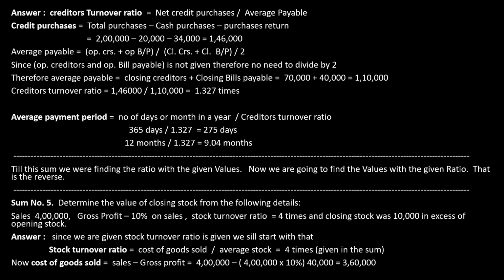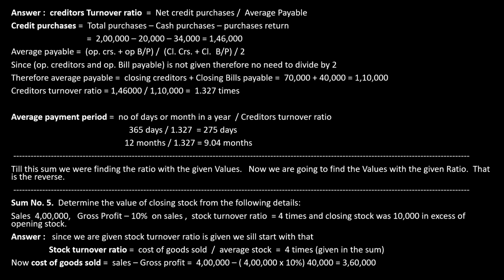No need to divide by 2. Therefore, the average payable will be closing creditors and closing bills payable added together. Here in the sum, the closing creditors is 70,000 and the closing bills payable is 40,000. Therefore, my average payable, accounts payable, is 1,10,000. Now I'll substitute in the formula.